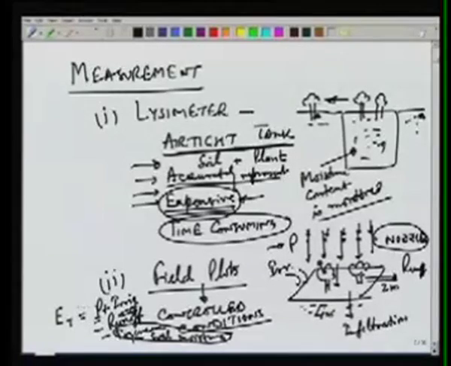So the amount of evapotranspiration can be obtained by water balance, such that if we know the precipitation, which we will typically know by using rain gauges, applied irrigation water, that we will also know, runoff we will have to measure, and then increase in soil moisture also we will have to measure, and using this water budget we would get the evapotranspiration.